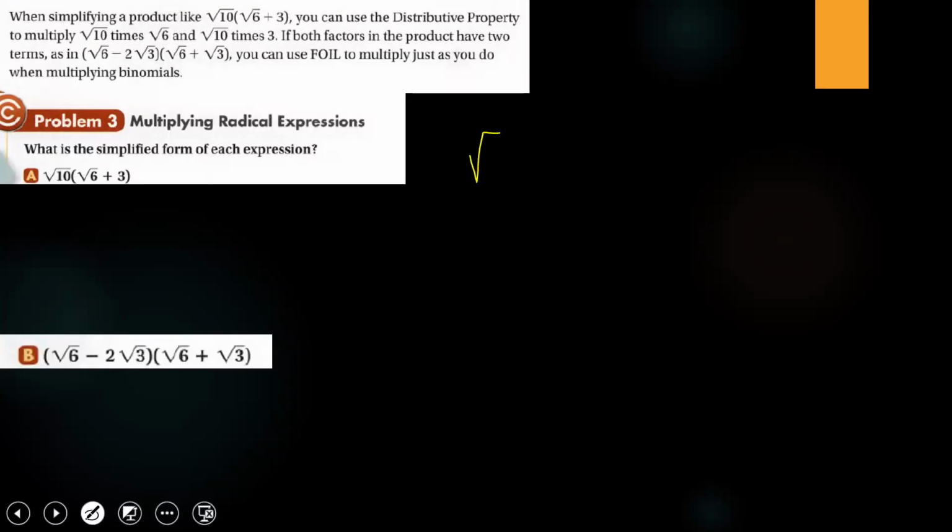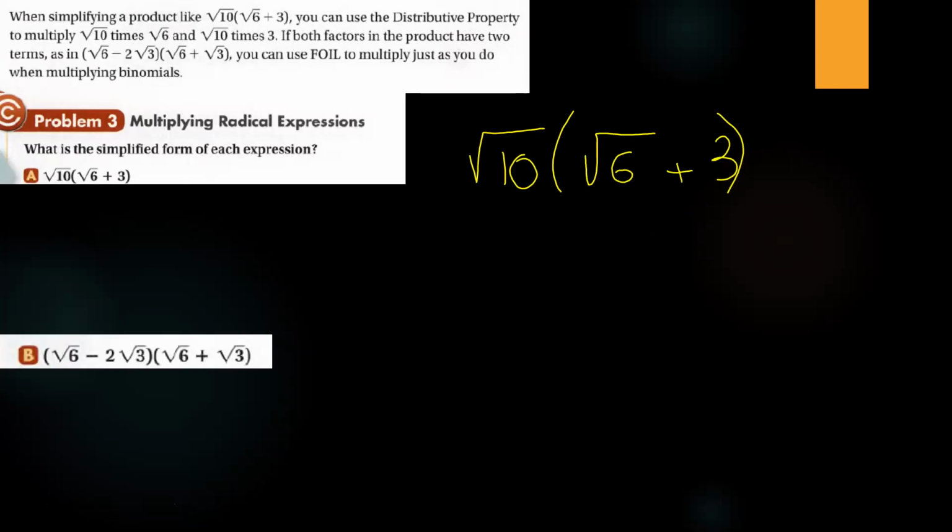If you have a radical expression like square root of 10, and I want to multiply it by square root of 6 plus 3, here we can use the distributive property.